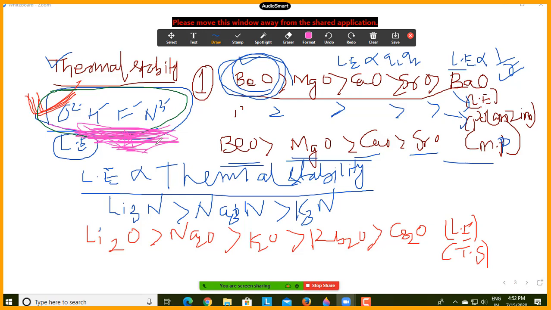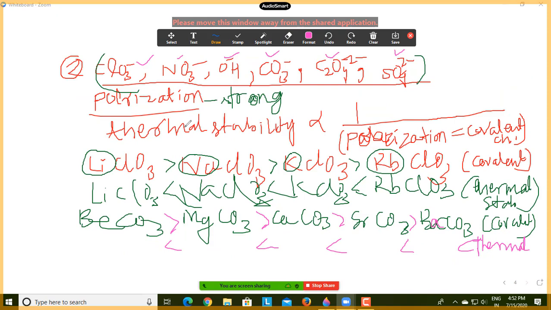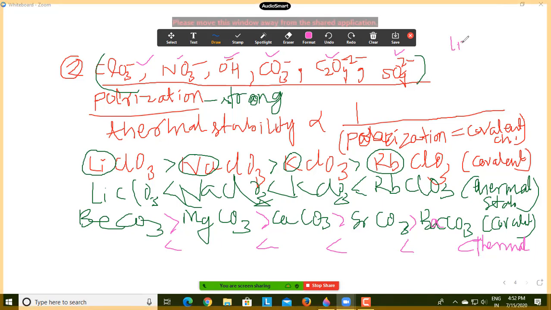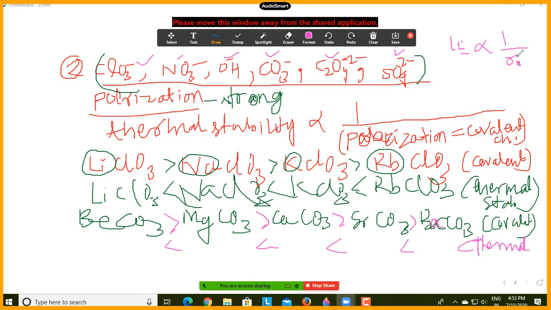So you should apply the order of lattice energy. But here why can't you apply lattice energy? If size of anion is big, then lattice energy is very less because lattice energy is inversely proportional to size of anion. But polarization is directly proportional to size of anion.